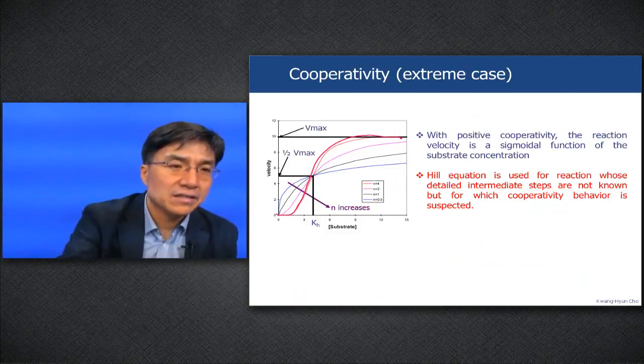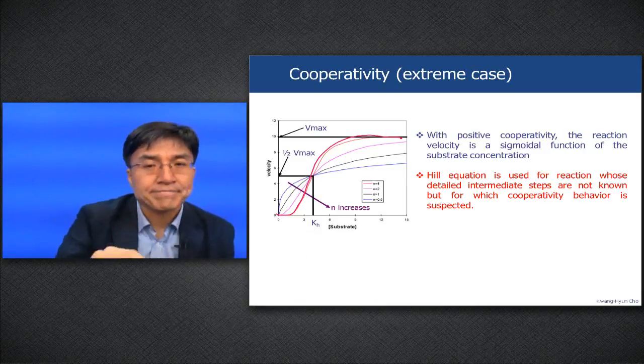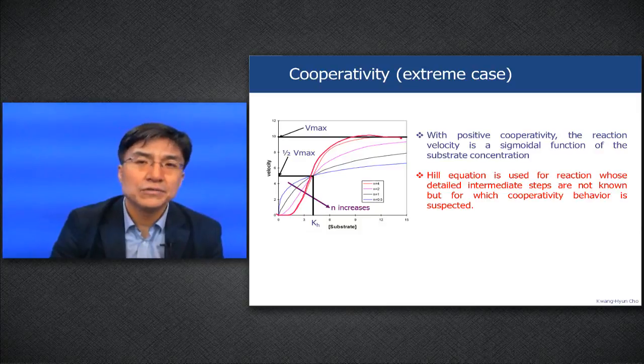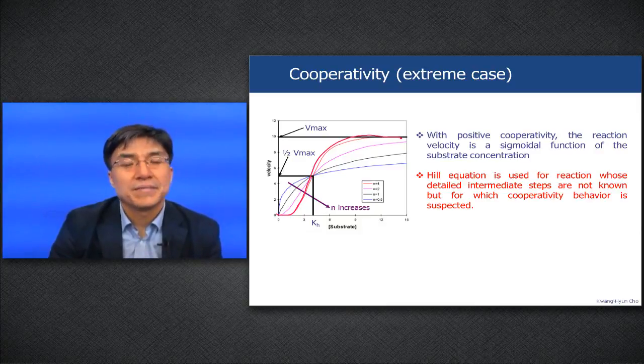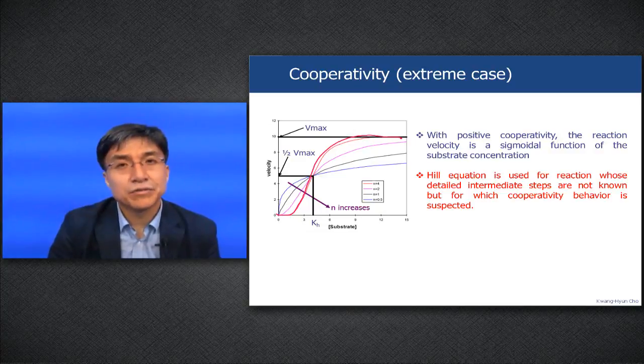As n increases, as you see, the curve becomes more and more sharp. So this Hill equation is widely used to describe many molecular biochemical reactions, and is particularly useful when some detailed intermediate steps are unknown, but cooperative reactions are suspected.